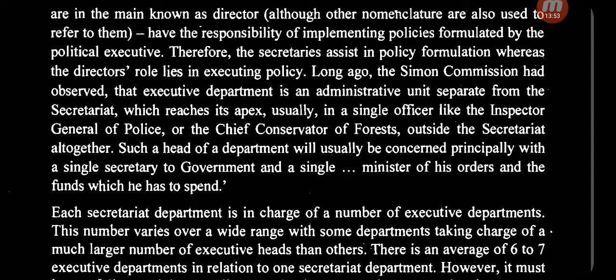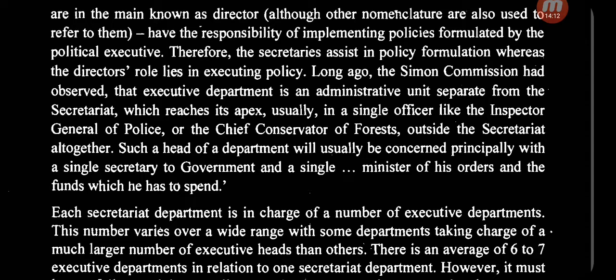Long ago, the Simon Commission had observed that the executive department is an administrative unit separate from the secretariat, which reaches its apex usually in a single officer like the Inspector General of Police or the Chief Conservator of Forests outside the Secretariat altogether.